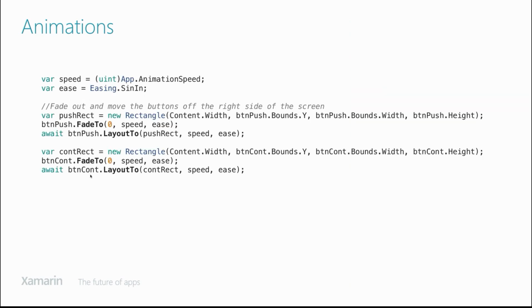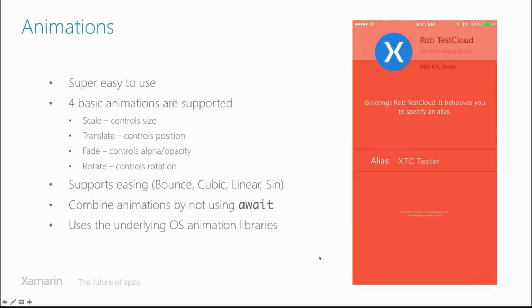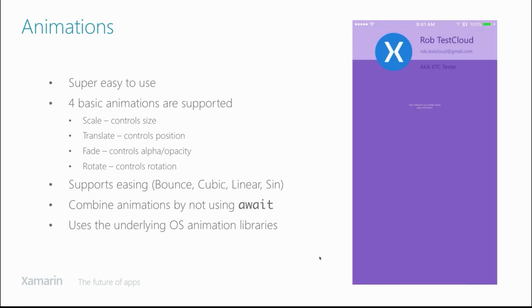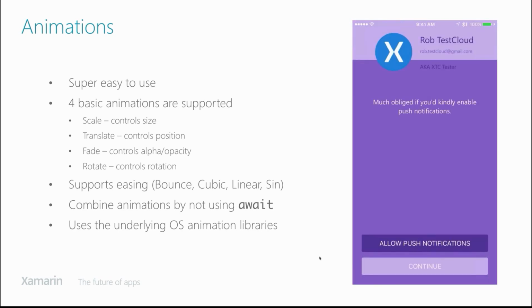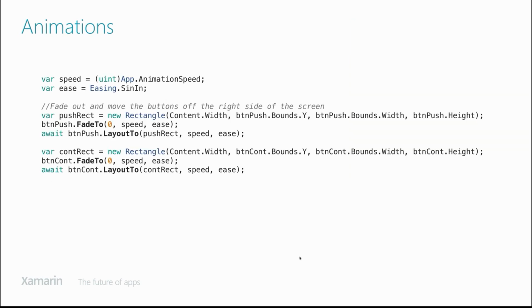So this would be the code that would be used to do some of those animations that I just talked about. In this case, these are those two buttons at the bottom right here on the purple screen that fade out or translate away to the right. So right here, you'll see when we hit OK or continue, these guys will fade and rotate to the right, or translate to the right.